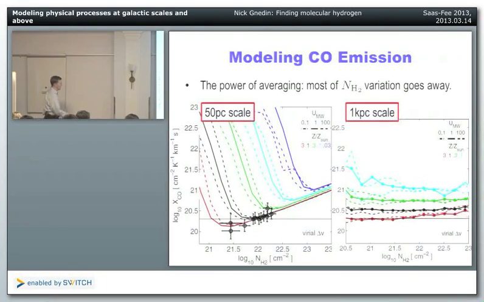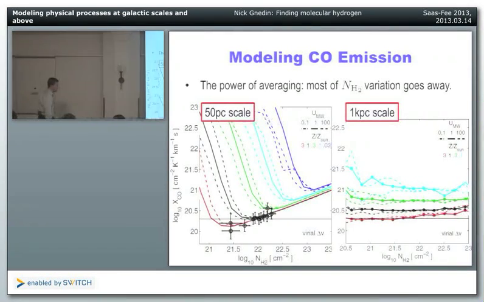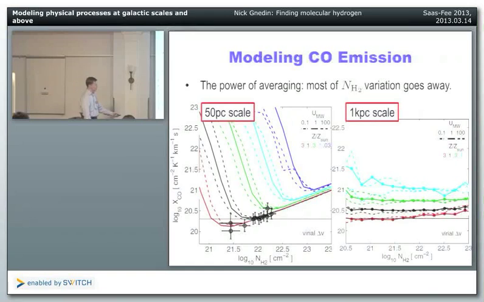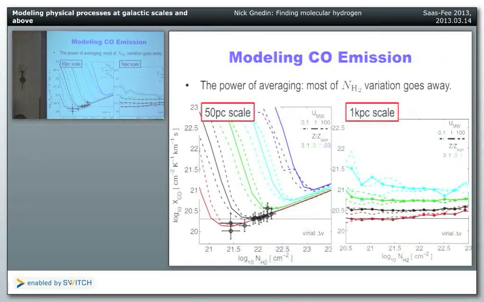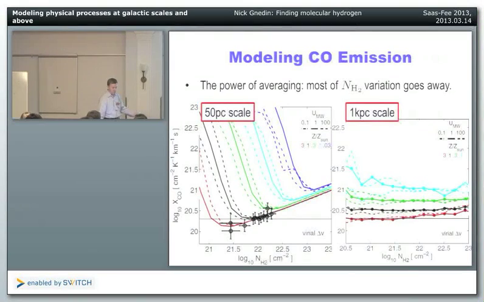But when you average it, and that's what happens on a sort of 50 parsec scale, and especially if you average over kiloparsec scales, most of this variation disappears. The power of averaging gives you not just one value, it still depends on things like metallicity most sensitively, but it does remove most of the variation, say with column density and with radiation field. So there is a lot of that, which probably contributes to the magic of why XCO works.